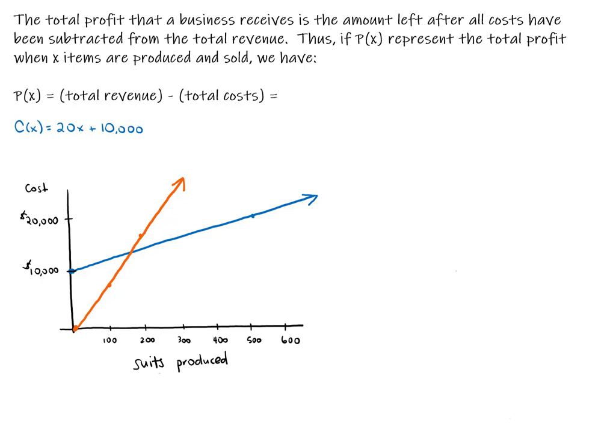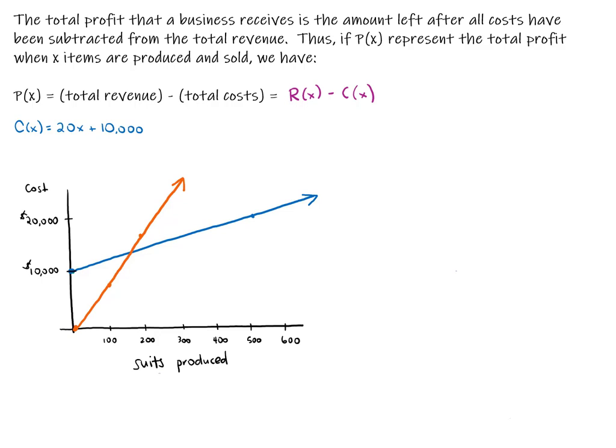Total profit is the amount that the business receives after all costs have been subtracted from the total revenue. So if we're using P for profit, P of X will represent the total profit when X items are produced and sold. Basically, the formula is revenue minus costs. So we had our revenue function, and we're going to subtract the cost function.